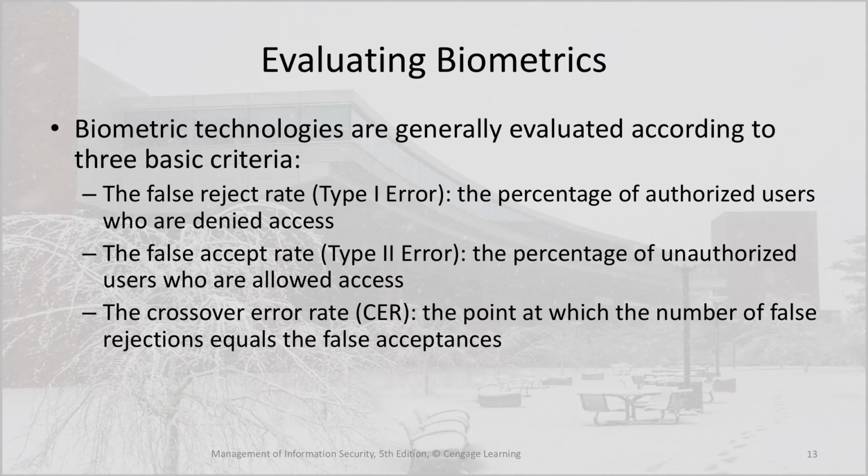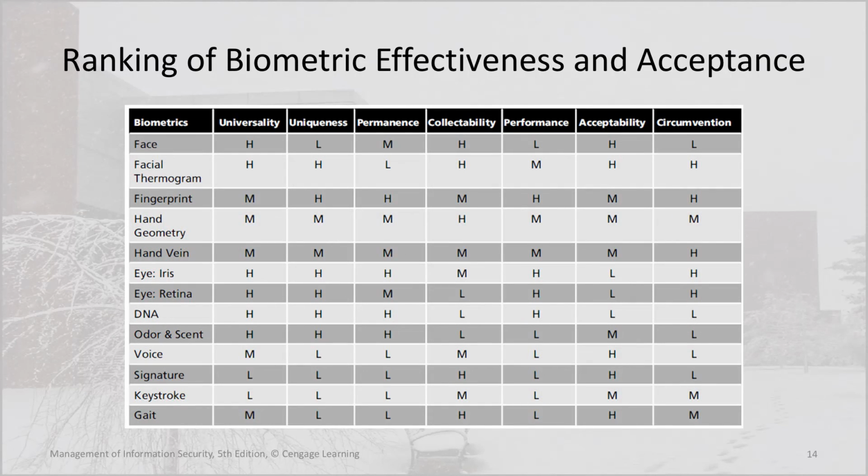And third is the crossover error rate, the point at which the number of false rejections equals the number of false acceptances. This slide shows a ranking of biometric effectiveness and acceptance based on the universality, uniqueness, permanence, collectability, performance, acceptability, and potential for circumvention.